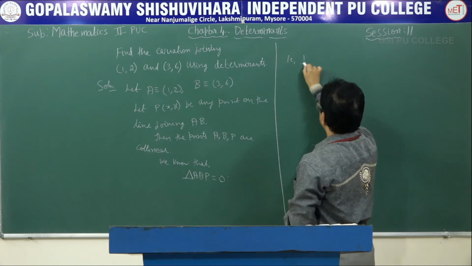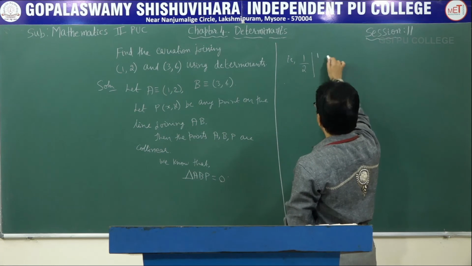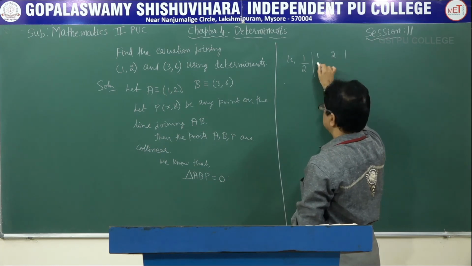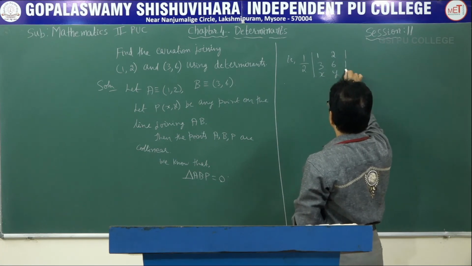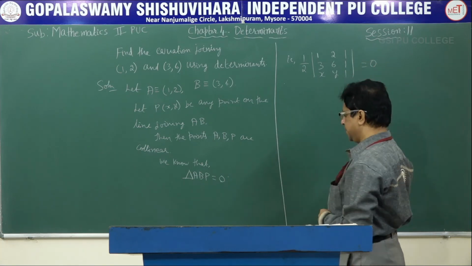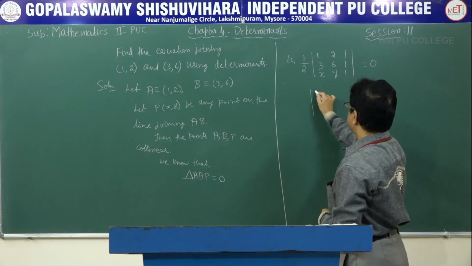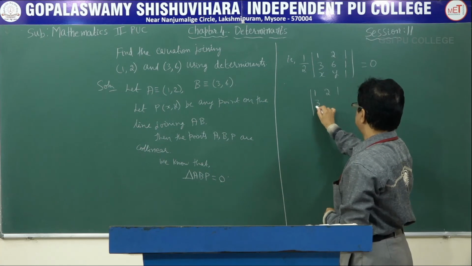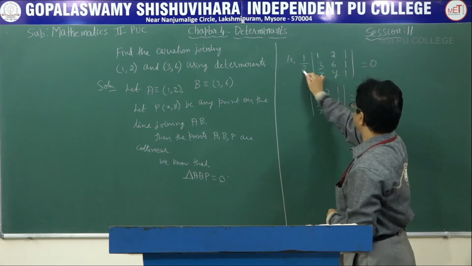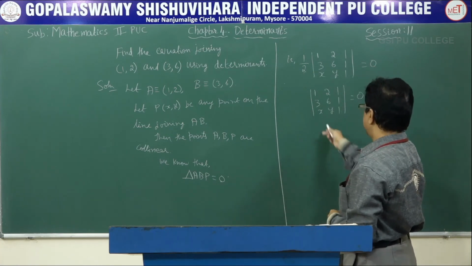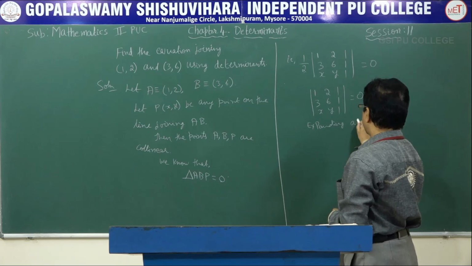That is half into determinant of 1, 2, 1, 3, 6, 1, x, y, 1 will be equal to 0. If we cross multiply 2 to 0, we will get 0. That is determinant of 1, 2, 1, 3, 6, 1, x, y, 1 will be equal to 0 because 2 into 0 is 0.